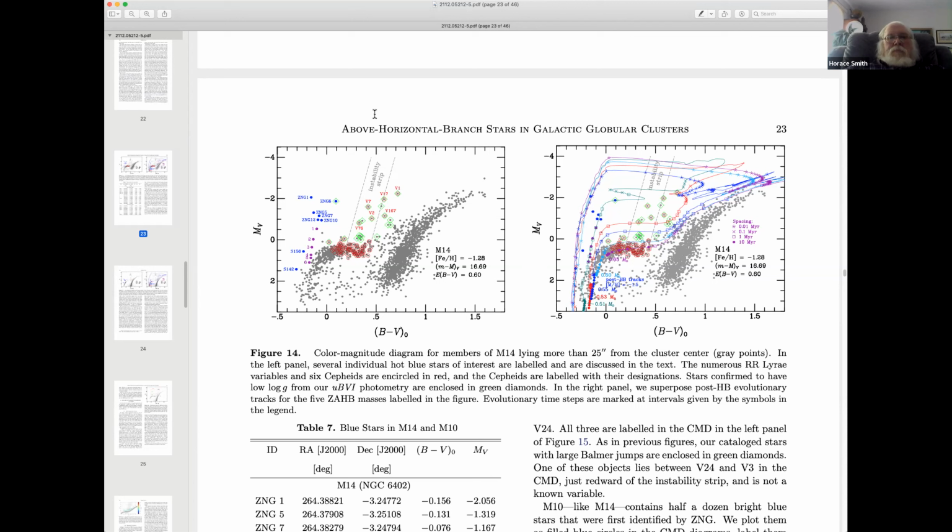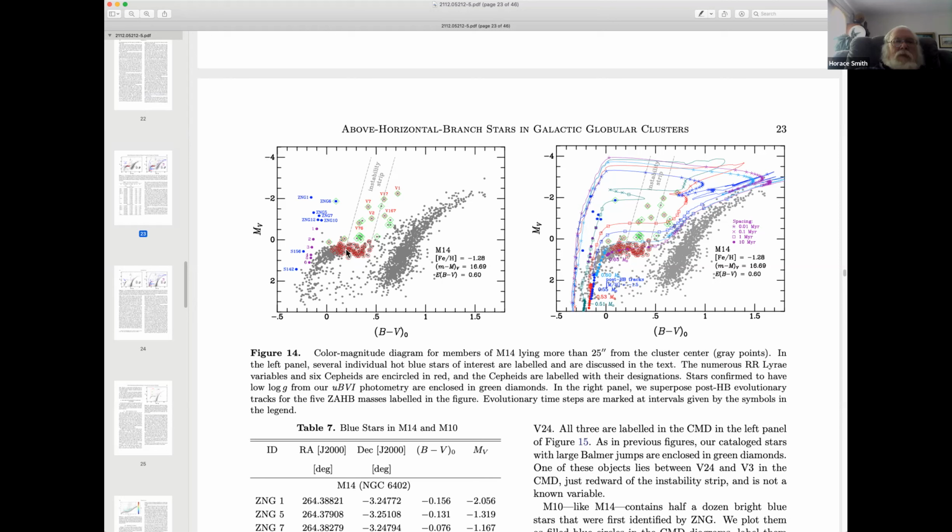And I'm just showing here M14, a very remarkable globular cluster with a very large number of type 2 Cepheids. The stars are here marked with V's, or the type 2 Cepheids. Now, it's been known for quite some time, I believe, that the presence of type 2 Cepheids is strongly associated with very blue horizontal branches, as indeed you see here in M14.